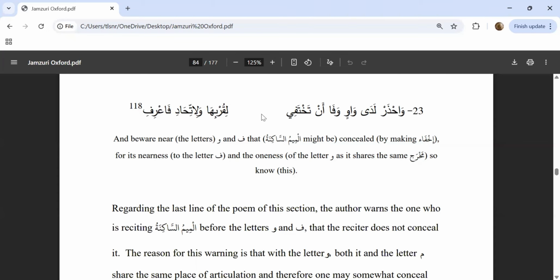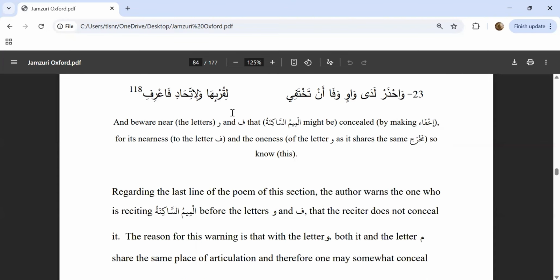And تختفي. And why does he give us that warning? He says, لقربها, for its nearness to the letter fa. So again, there needs to be some knowledge here about the makharij of the letters. So the ba, the waw, the mim, and the fa are all labial letters.